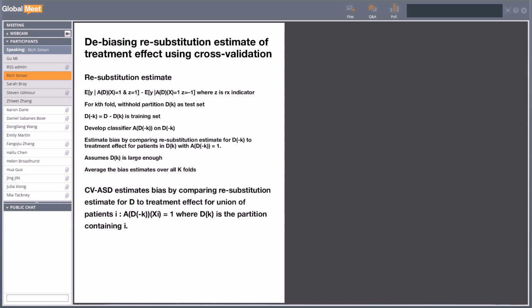But essentially, in both cases, they're based on using cross-validation to de-bias the resubstitution estimate of treatment effect in the selected subpopulation, and that's a major accomplishment, I think. What it really means is that we can do subset analysis if we adopt this new paradigm, and have confidence that the treatment effect result is not going to be biased, and we can actually test the significance within that subset.